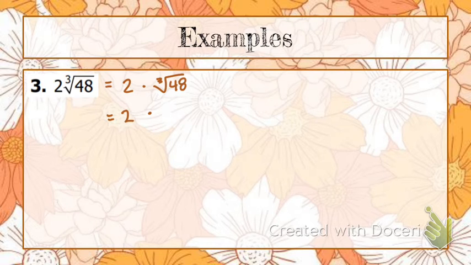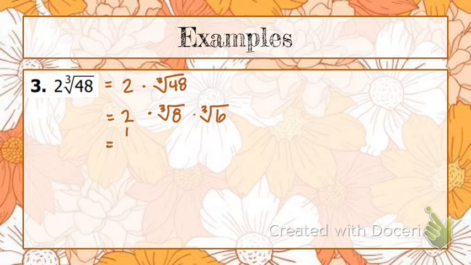So that was the one that went 1, 8, 27, 64, etc. And we want to find the biggest one of those numbers that goes evenly into 48. And the biggest perfect cube that goes into 48 is 8. So we will break the cube root of 48 down into the cube root of 8 times the cube root of 6, because 8 times 6 is 48.